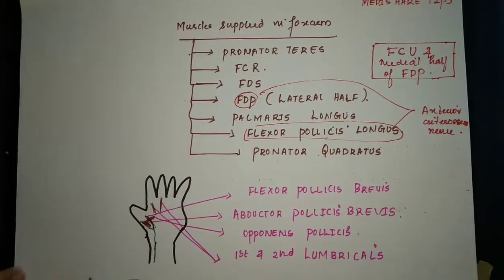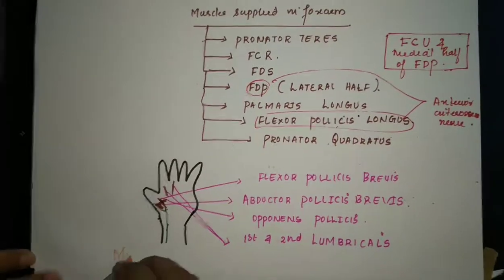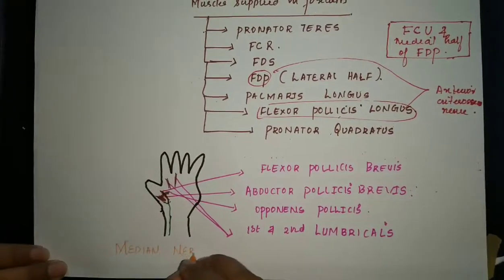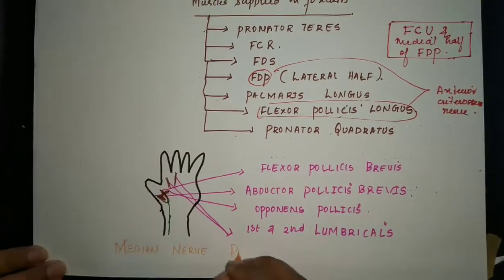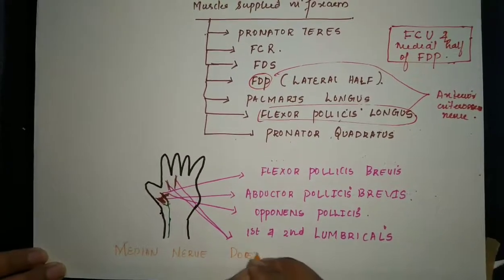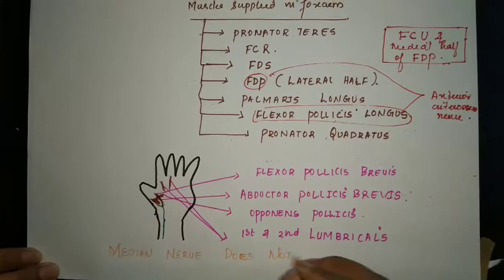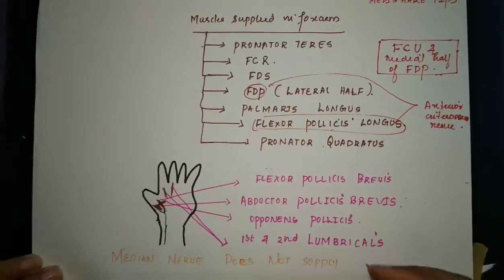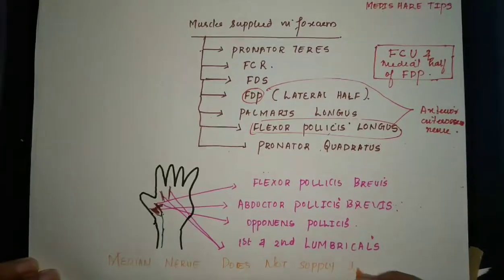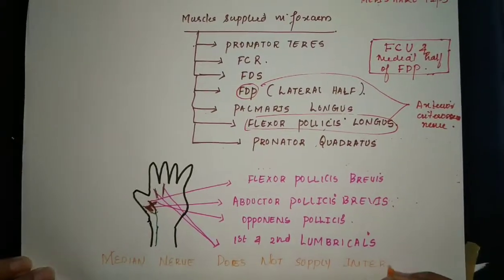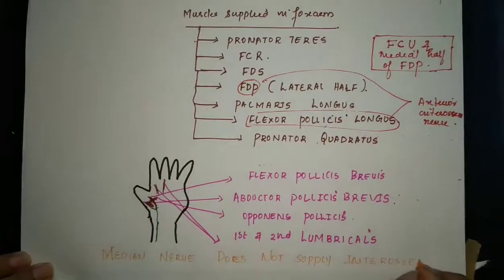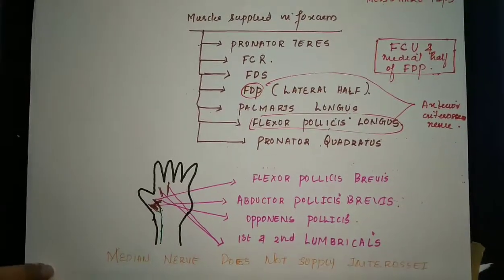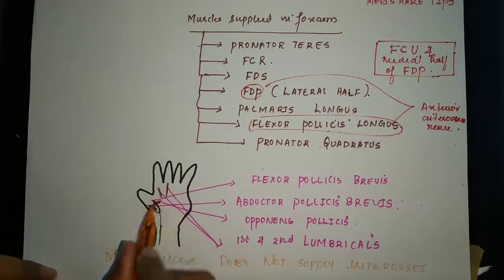It should be remembered that the median nerve does not supply the interossei. All the interossei, whether palmar interossei or dorsal interossei, are supplied by the ulnar nerve alone.